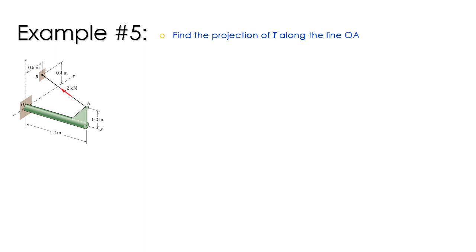So our T is equal to Tx i plus Ty j plus Tz k.